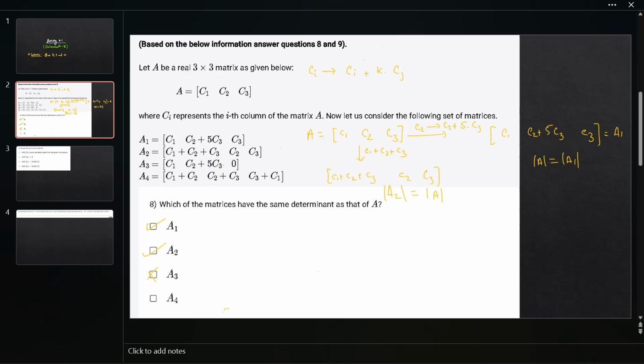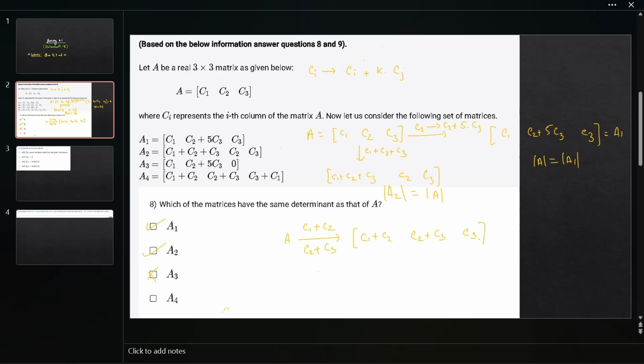And what about A4? In the matrix A, we will first add column 2 to column 1 and then column 3 to column 2. So we will get this matrix where we have C1 plus C2 and C2 plus C3, but C3 is as it is.